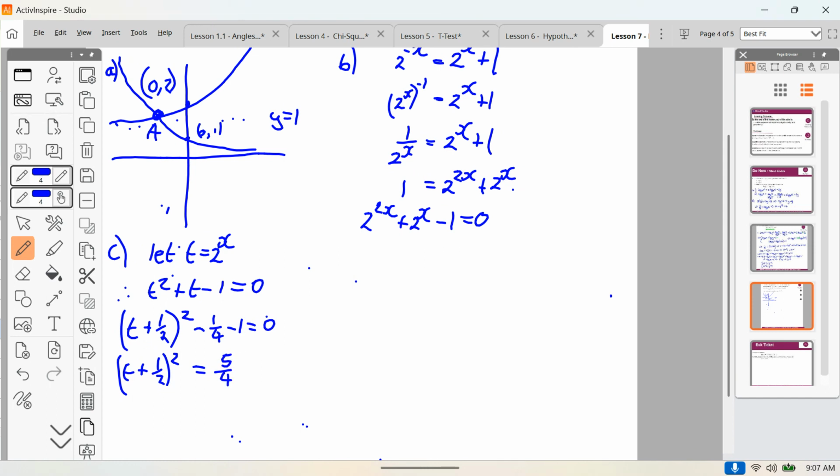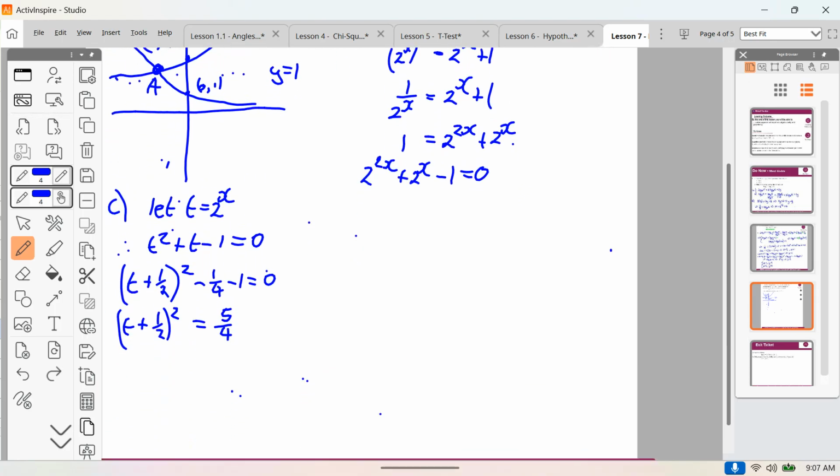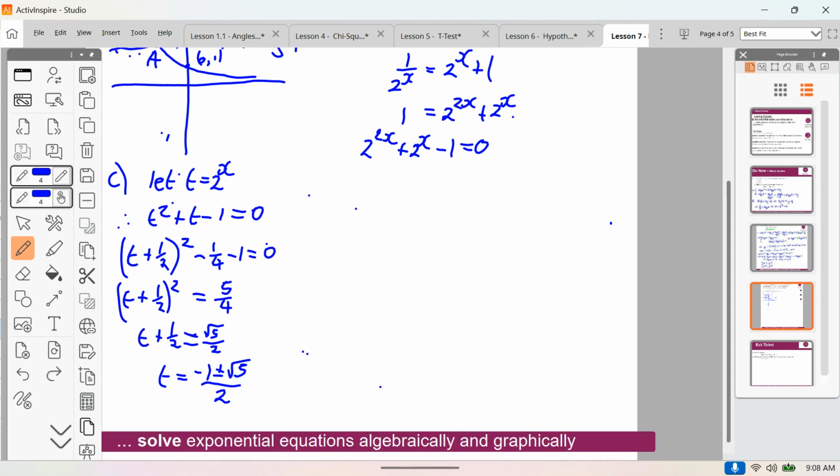I'm going to go back and look at what we've got. Look, we got a root 5. That's nice. Square root both sides. t plus a half is equal to root 5 over 2. Subtract a half from both sides. t is equal to minus 1 plus or minus root 5, all over 2. So that means 2 to the x is equal to that.